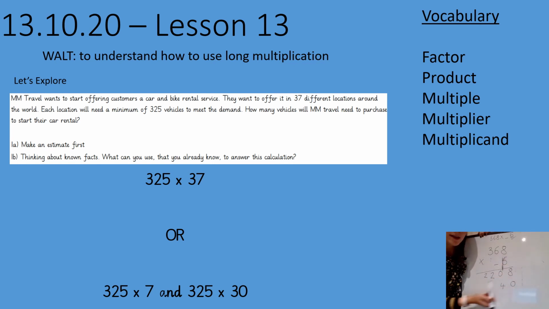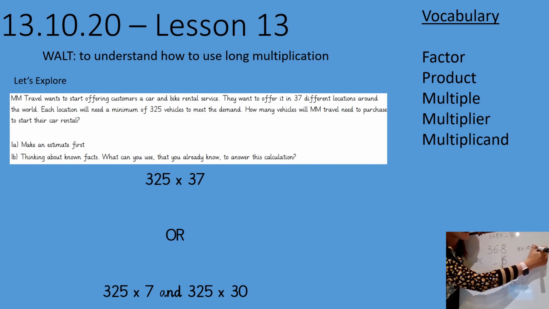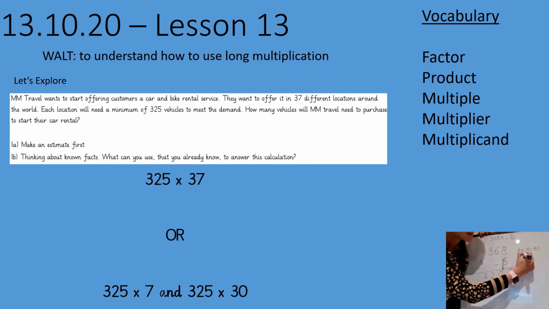So what I might do down here is try and list my multiples of 8, remembering that I'm multiplying them by a 2-digit number. So 8 times 10, let's imagine I've got the 1 in the ones column. 8 times 10 is going to be 80. Is that going to get me a 4 in the tens column? It's not. 8 multiplied by 20 is going to get me 160.